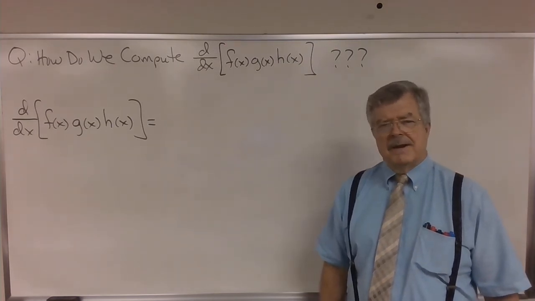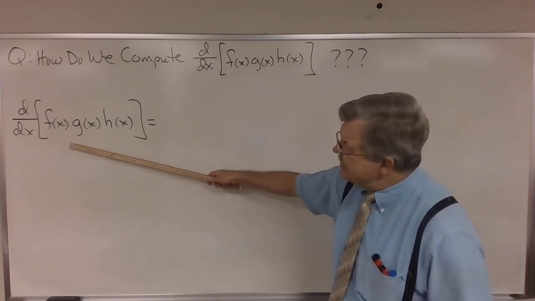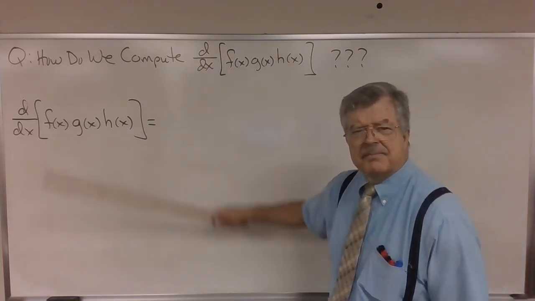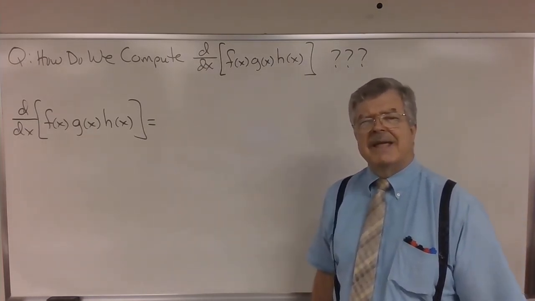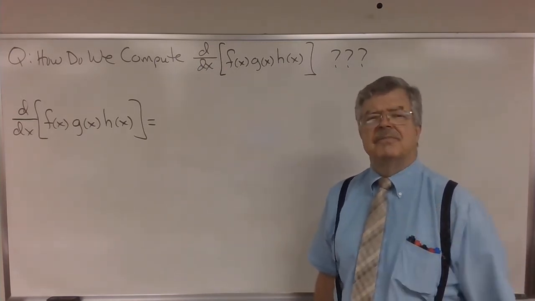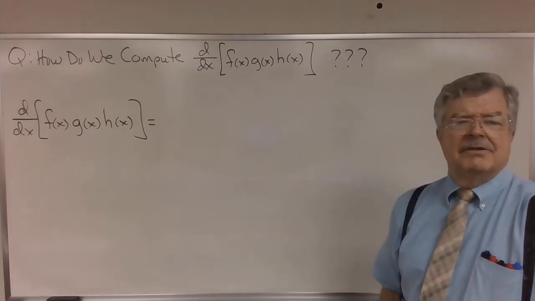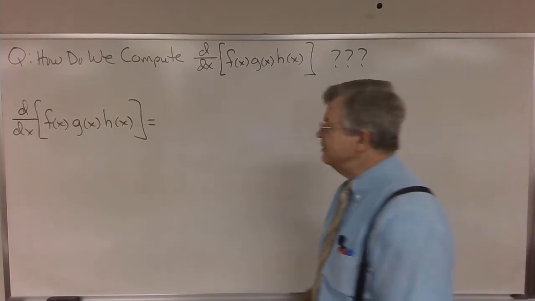So you know what? Unless we can take this product right here and somehow analyze it as being the product of two functions, we're up a creek. So, how are we going to do this?